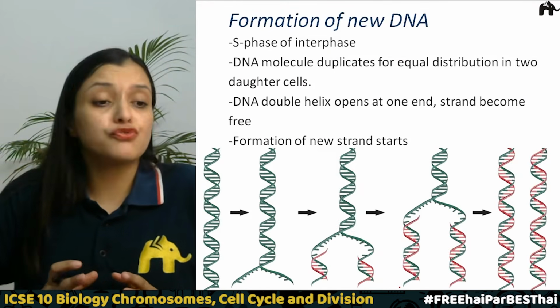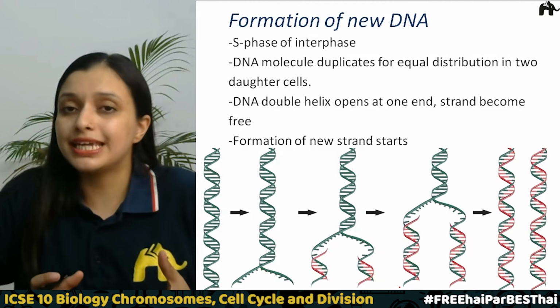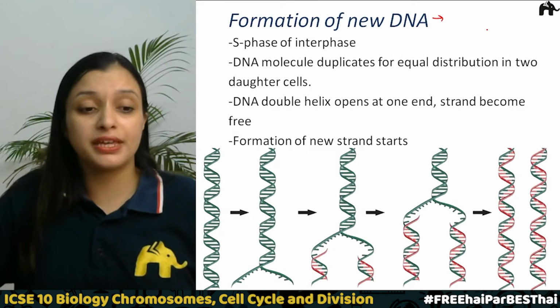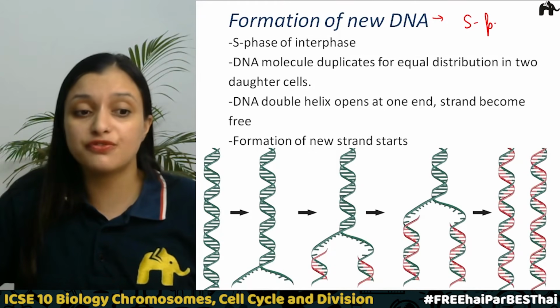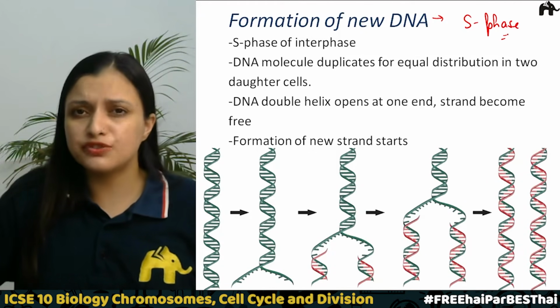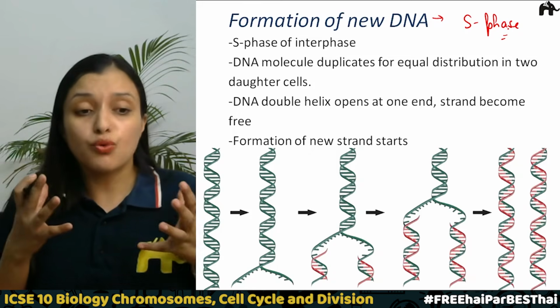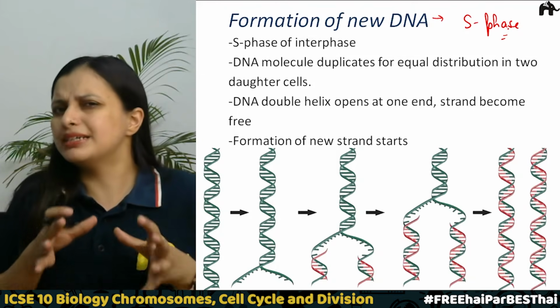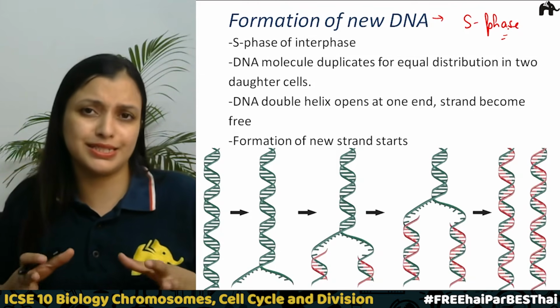Now coming on to the formation of new DNA, right? Where did this new DNA start forming? It started in S phase. So what happened in S phase? The DNA replicated. How it happens, not the detailed part, but the simple part we will discuss now.